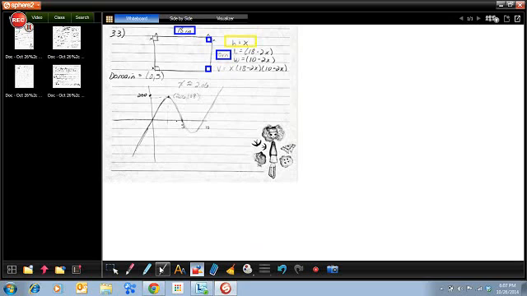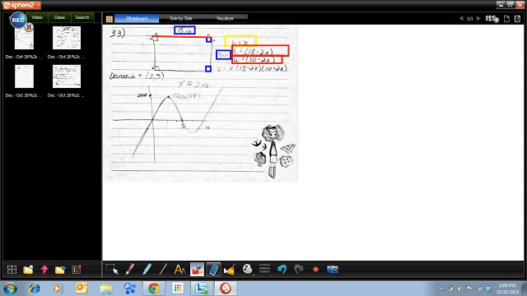My length, which is my longer side, was 18 inches, but now I'm going to subtract 2 of those x's because I have to take out this x and this x. So my length is going to be 18 minus 2x, and the same thing happens to my width. My width is also 10 minus 2x.